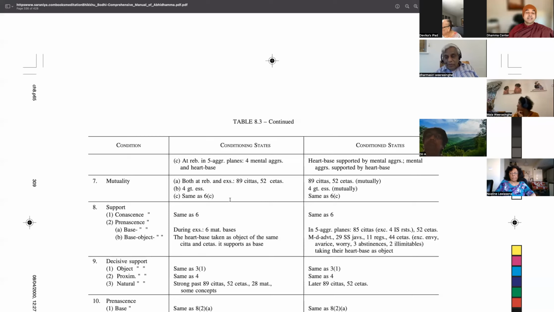And so they are actually not only mutual, there are other series of paccayas that can be supporting. Now, for example, let's first go into anyamanya first. So what Damsiri mentioned, did everyone catch what Damsiri said?